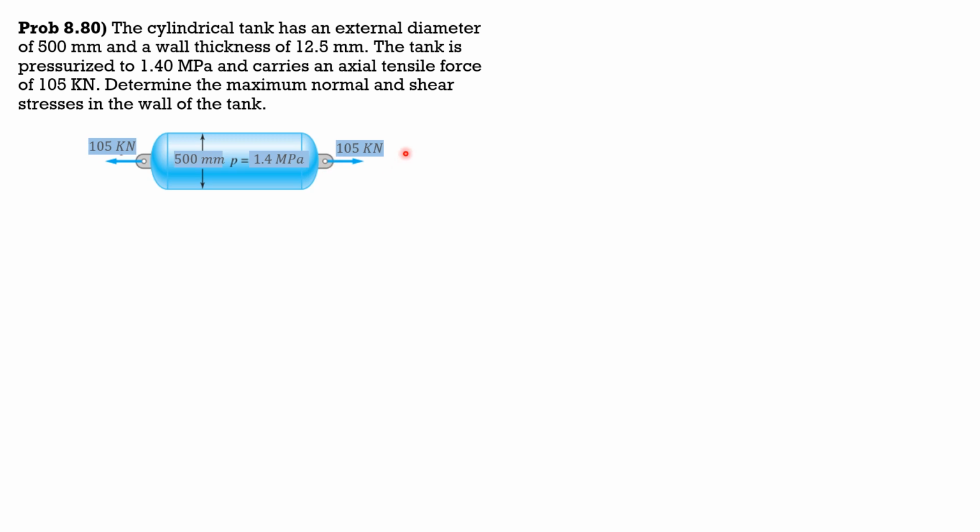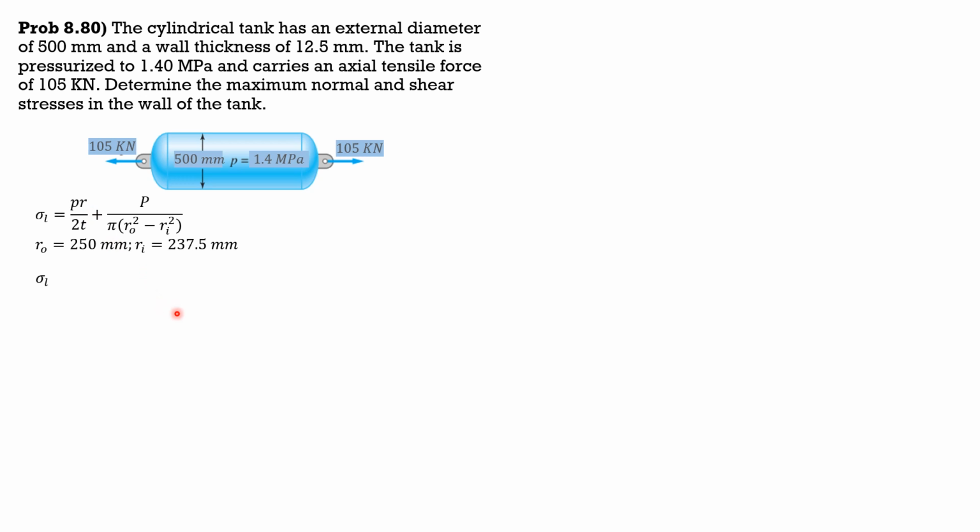Then aside from that, there is also an axial tensile load, 105 kilonewtons divided by the area of the annular ring. So longitudinally, we have PR over 2T plus P over pi times R outer square minus R inner square, where R outer is 500 over 2, 250 mm, while R inner is 250 minus the thickness 12.5, so 237.5 mm.